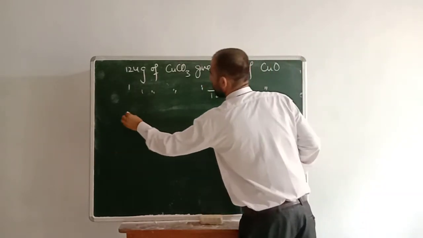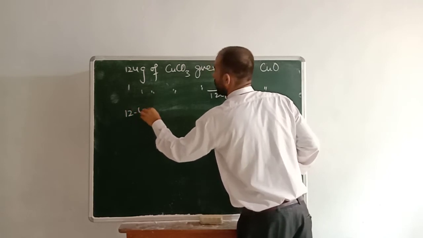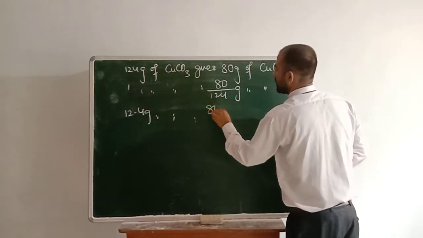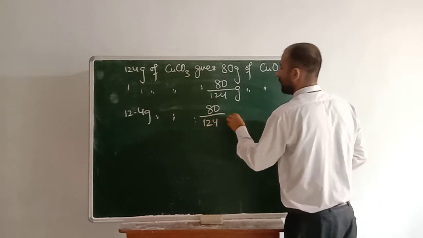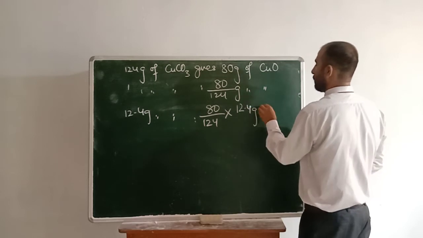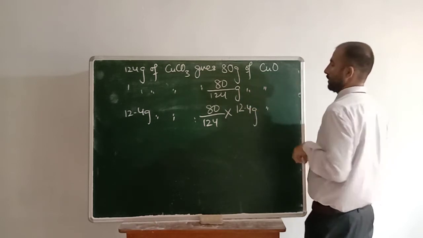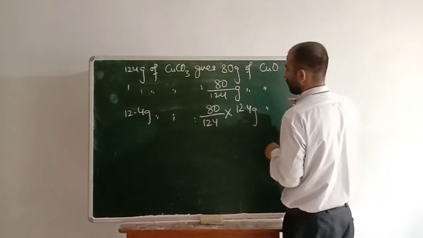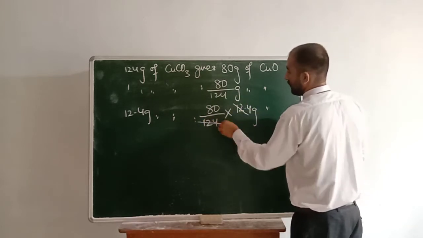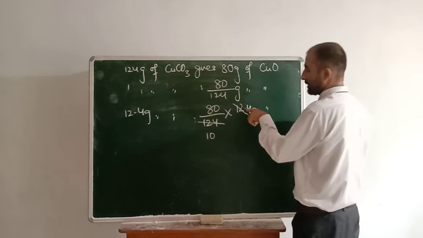Now we are given 12.4 gram of copper carbonate, which gives 80 by 124 into 12.4 gram of copper oxide.